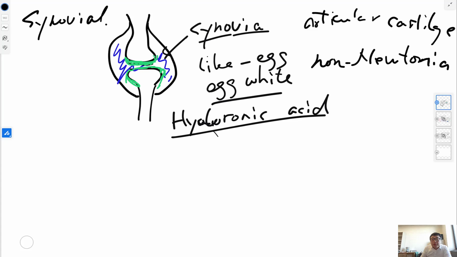a non-Newtonian liquid. What does it mean? It means normally, for example, water or milk has a constant viscosity.